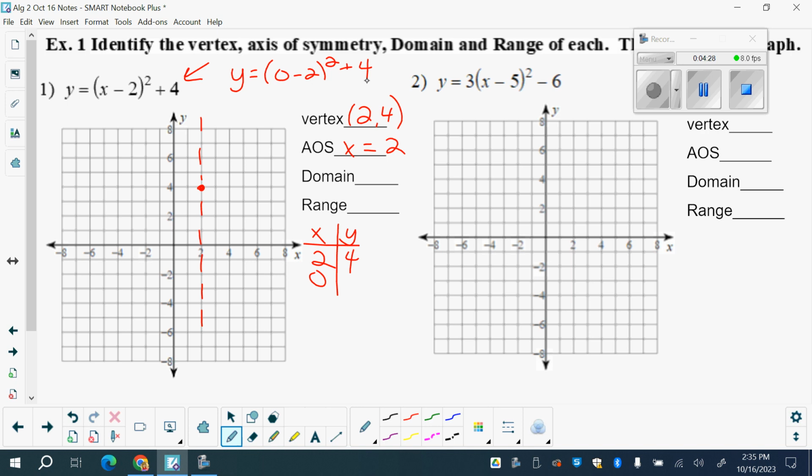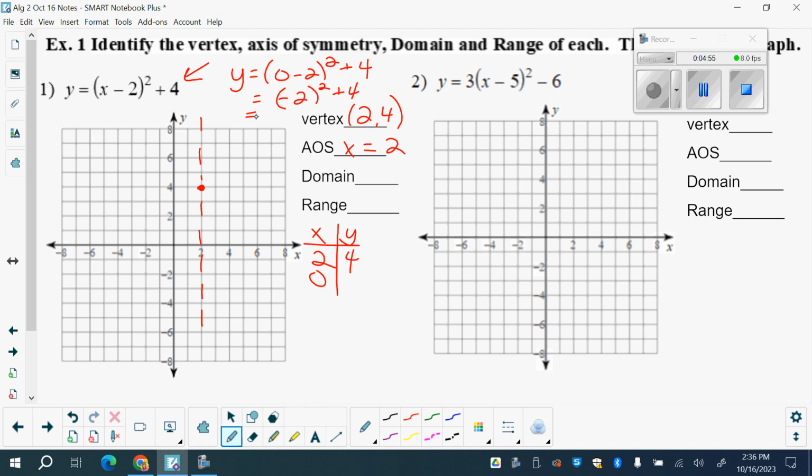So what do we do first to simplify that? Do we do parentheses? Do we do square? Order of operation says we do what's in the parentheses first. So 0 minus 2 is -2. So we're going to take -2 and square it.